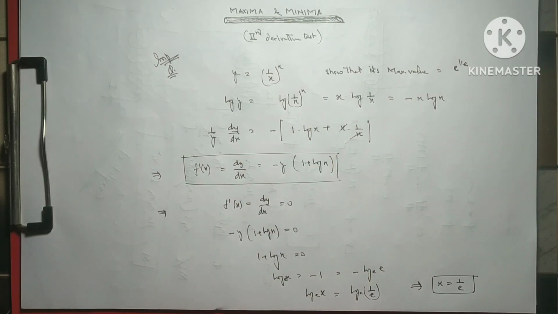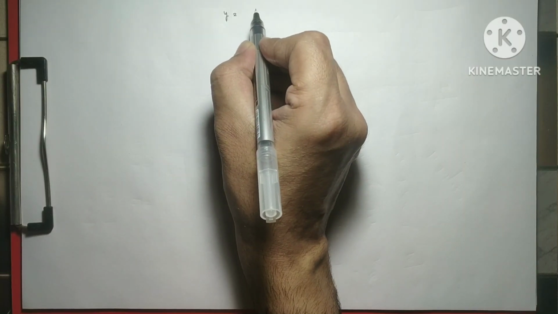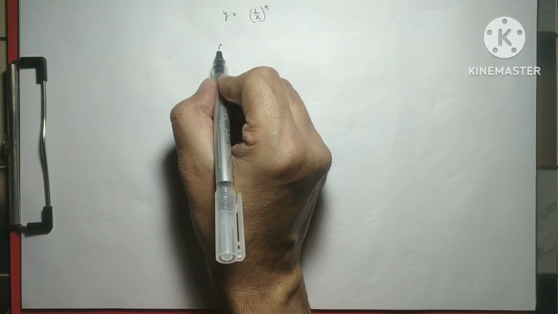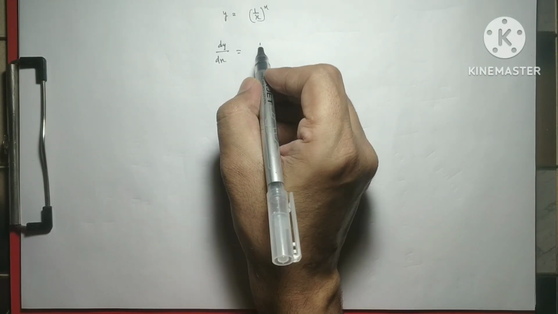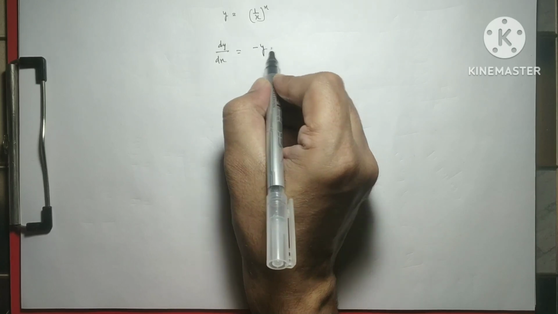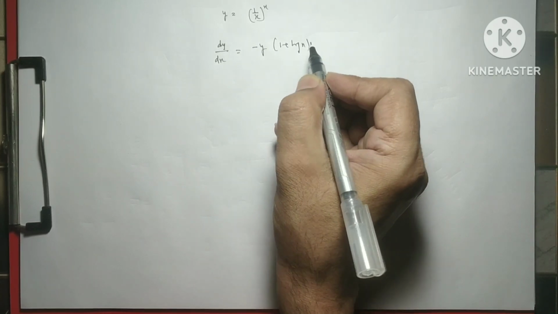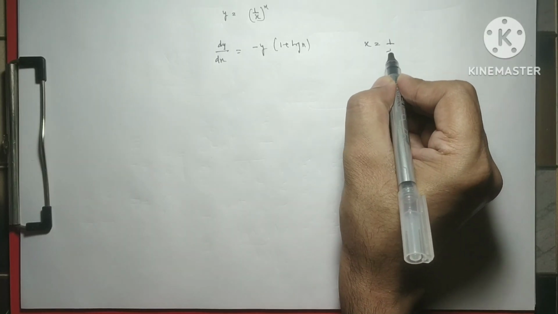We have function y is 1 over x to the power x. We have the first derivative, dy over dx is minus y times 1 plus log x, and we have the value x is 1 over e.